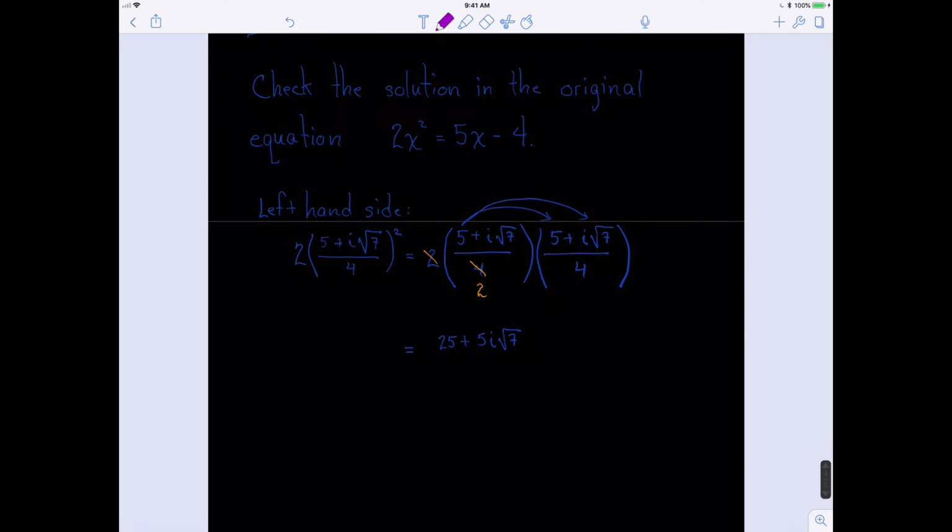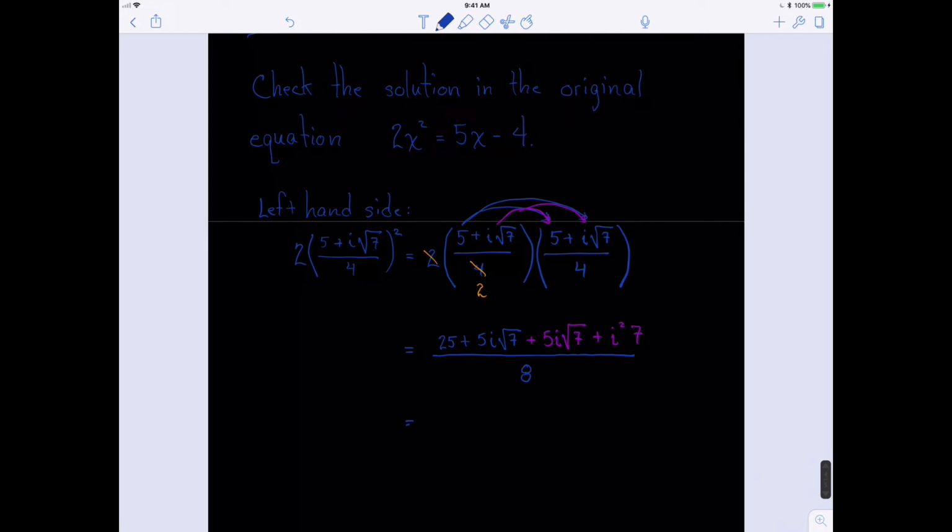We distribute the i root 7, and we get plus 5i square root 7 plus an i squared times 7. And all of that is over our denominator, which is 2 times 4, which is 8.